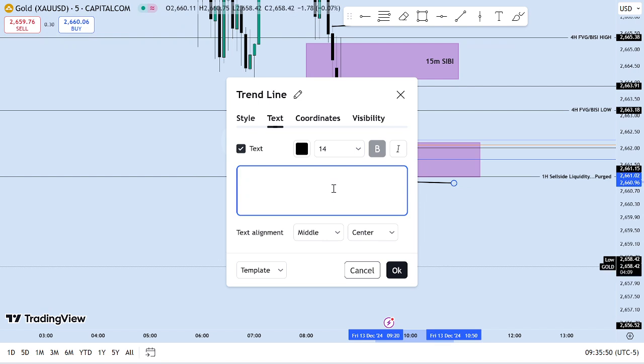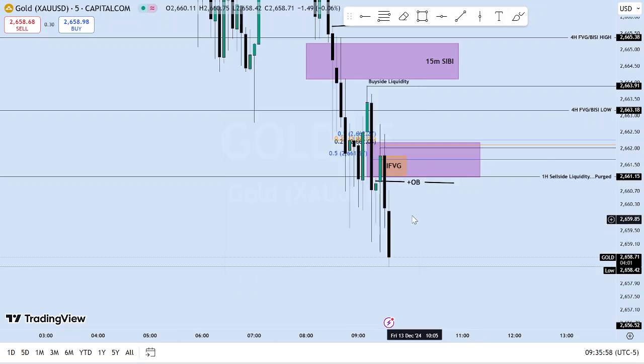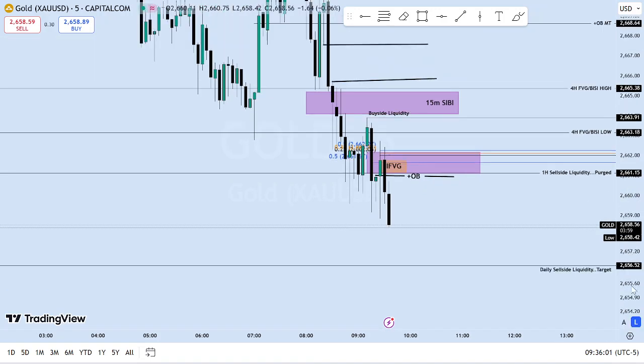First order block on opening price, 9:30 opening price.